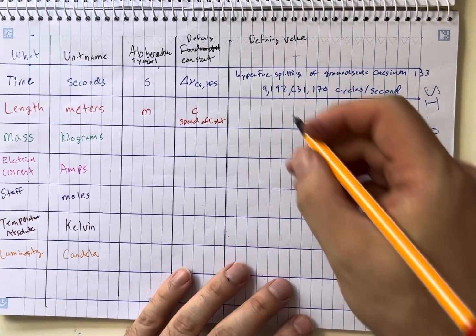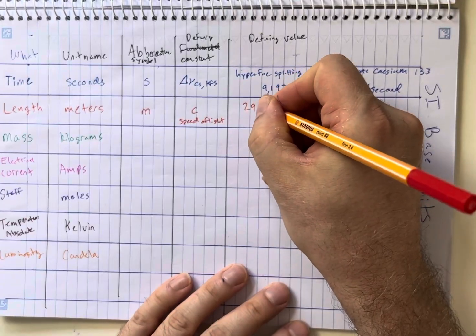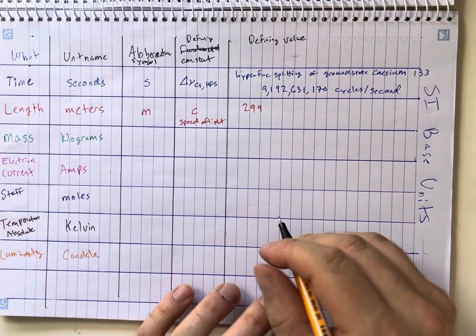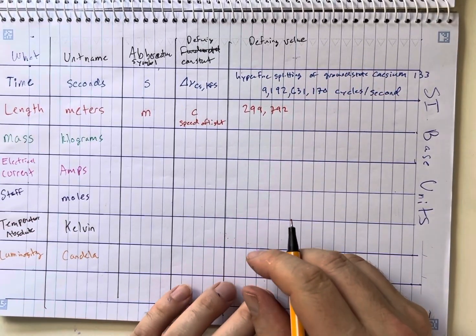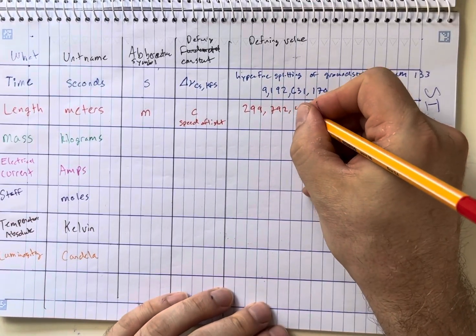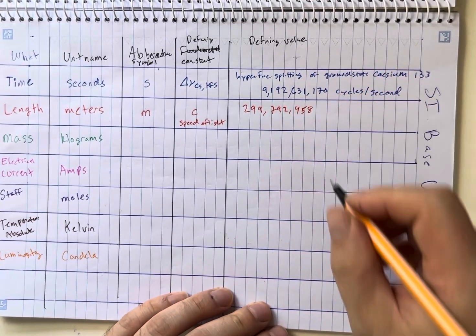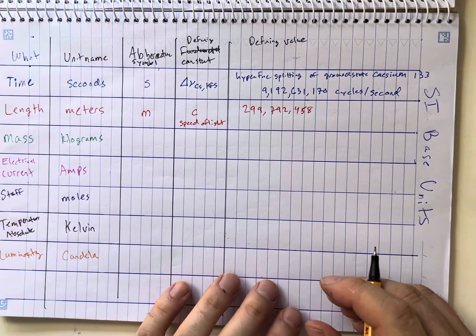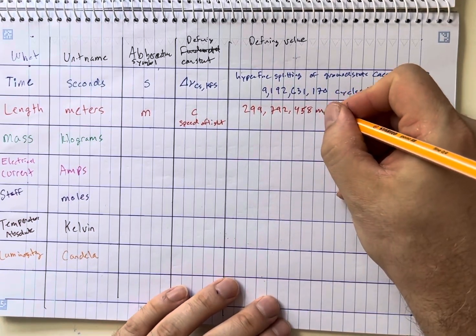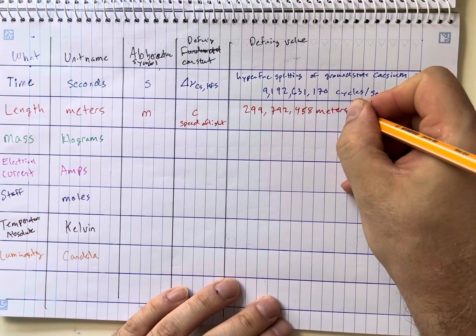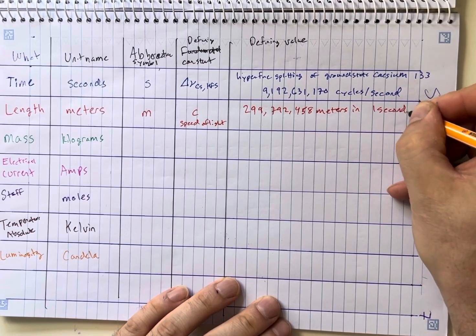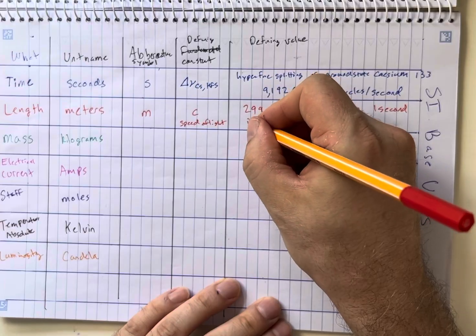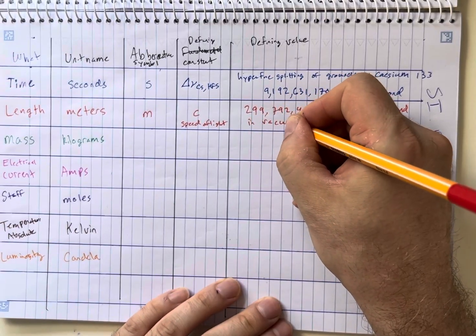And there are 299,792,458 meters in 1 second in vacuum.